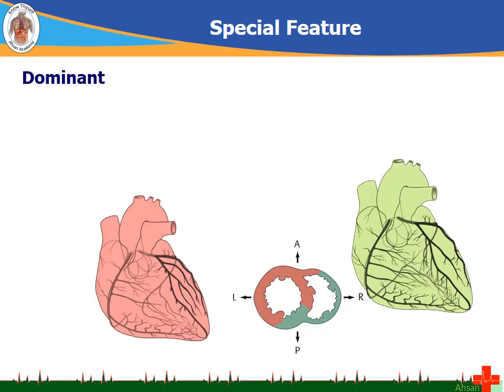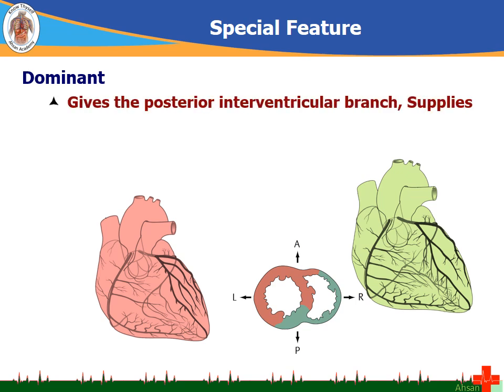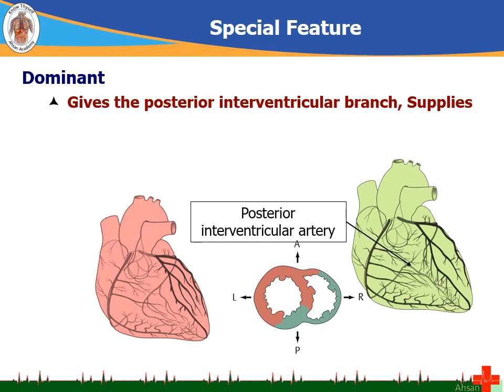The dominance of the coronary circulation is determined by the origin of the posterior interventricular branch, which is present in the posterior interventricular groove. In the green stained heart in the figure, you can see that the right coronary artery gives the posterior interventricular branch. So this is the right dominant heart.